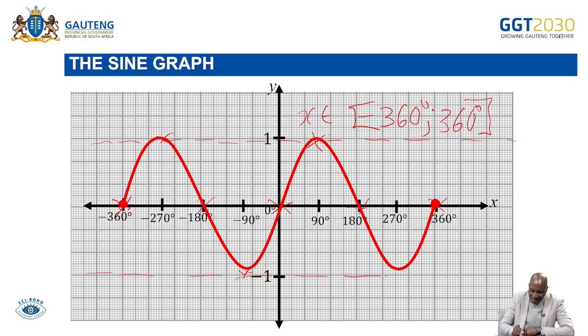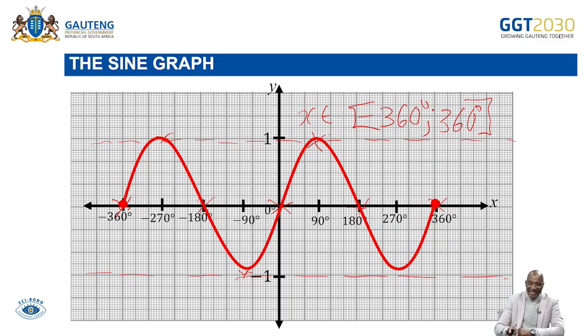It doesn't cross these lines. In other words, our graph is trapped. Its minimum is negative 1. The furthest it can go downwards is negative 1. The furthest it can go upwards is positive 1. Hence, it only exists between negative 1 and 1. What else are you observing?